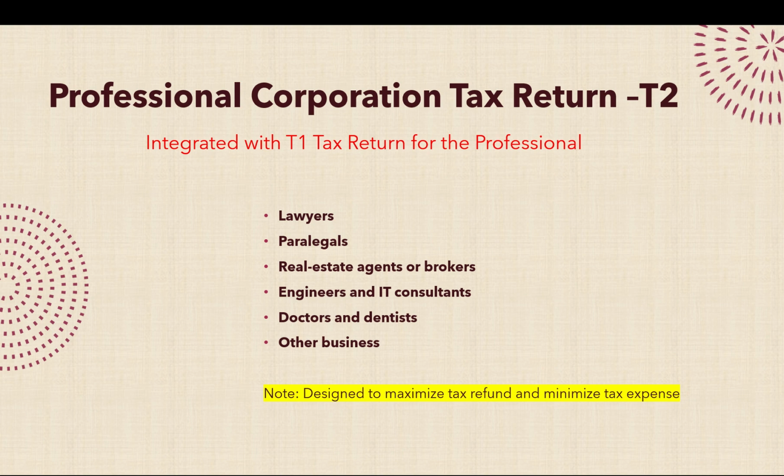The professional corporation tax return T2 is no different than a regular corporation, except some circumstances. I will not get into those circumstances in this video. So this presentation is integrated with both the T2 tax return and T1 tax return for the professional.